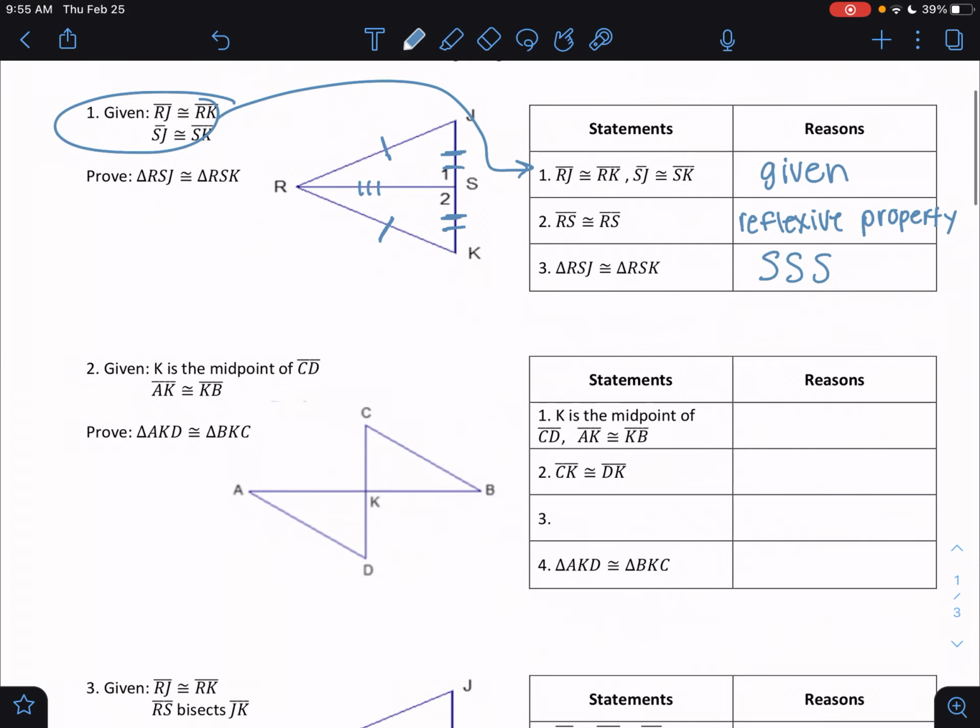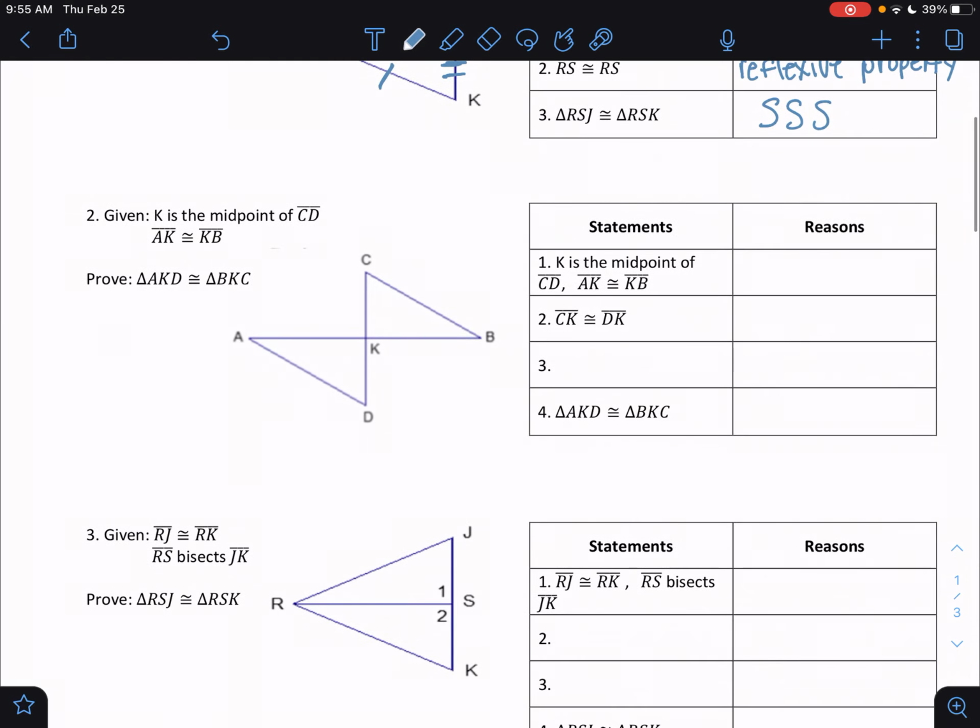So let's look at number 2. This one, they don't give us all the statements, so we have to come up with one on our own. So again, the first one is always given, and now let's mark it. So K is the midpoint of CD, so right here, it's cutting this in half. You don't have to mark anything for that, I was just showing you. And then we know that AK is congruent to KB.